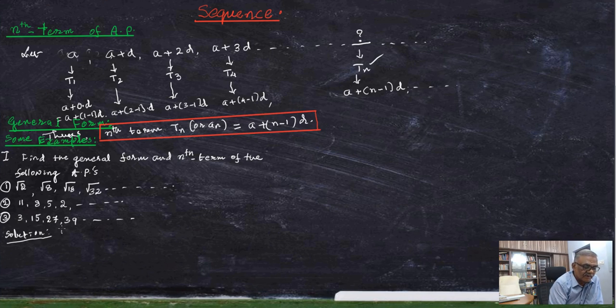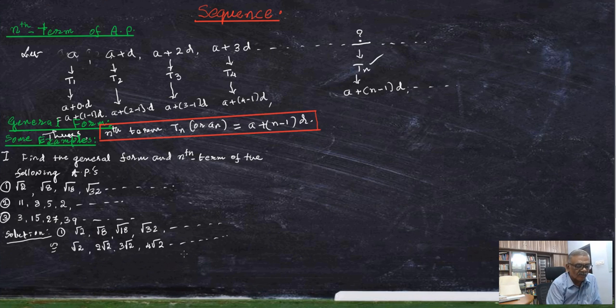The first example itself: root 2, root 8, root 18, root 32, etc., which can be written as root 2, 2 into root 2, 3 into root 2, and this is 4 into root 2, so on and so forth.